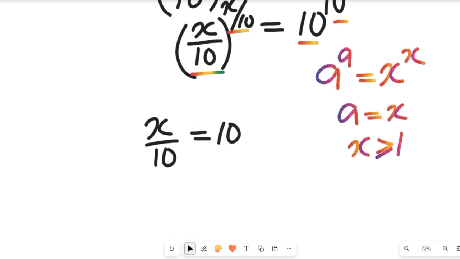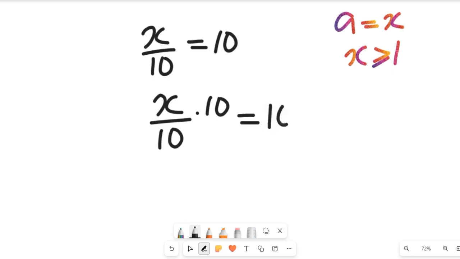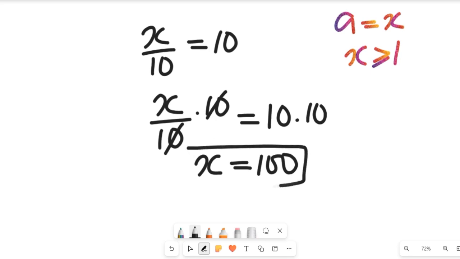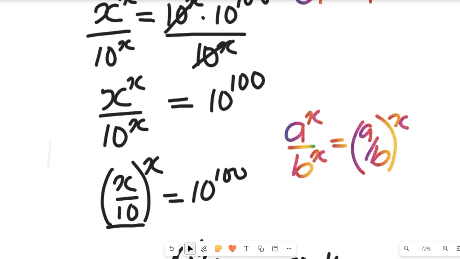Now, to find the value of x, what we simply need to do is to multiply both sides by 10, and the reason why we are doing that is to clear the denominator on the left hand side. So we have 10 multiplied by 10, and this clears the denominator, giving us x equal to 100. Great. So x equal to 100 is the solution to that exponential equation that is given to us.